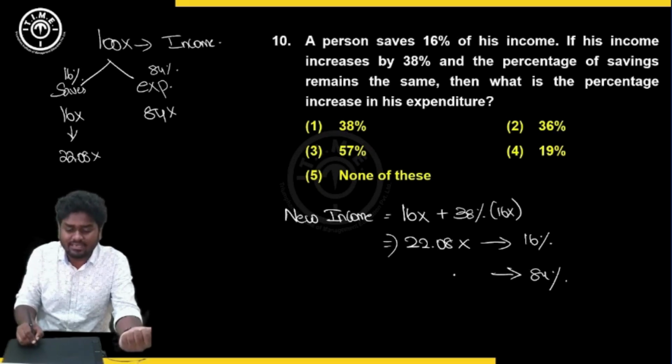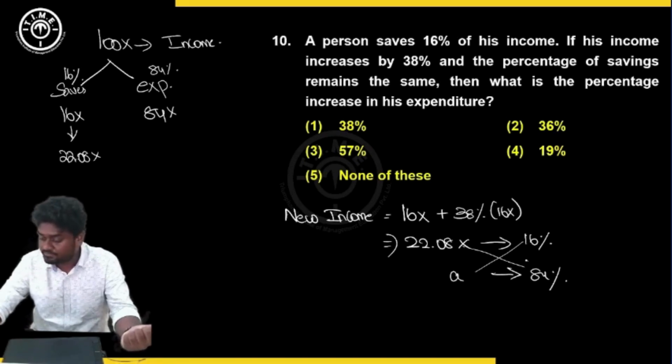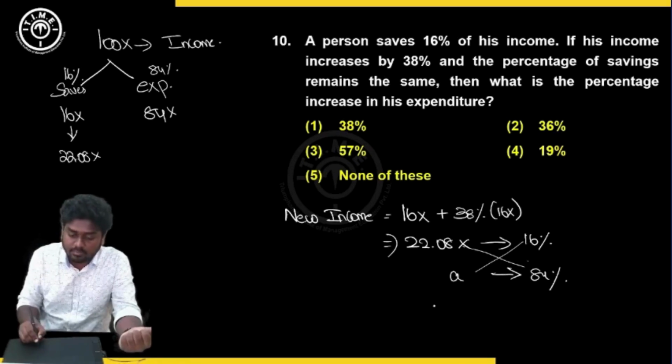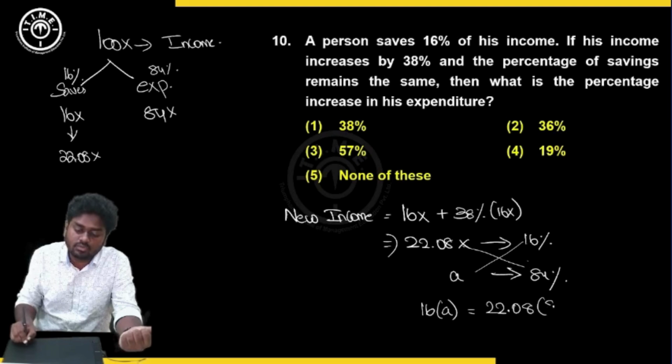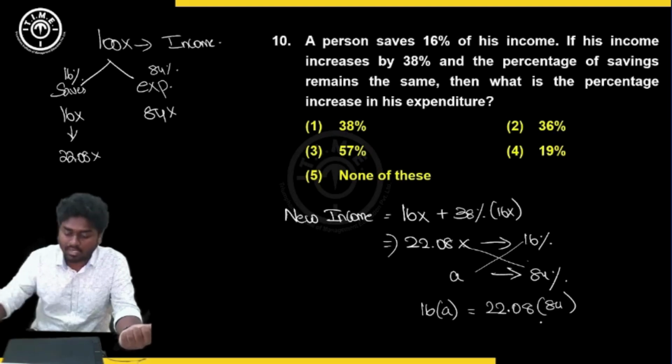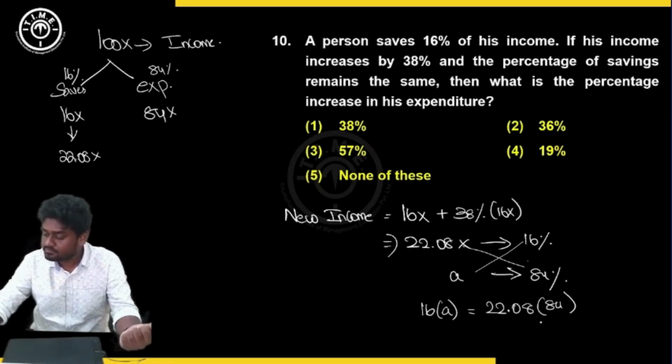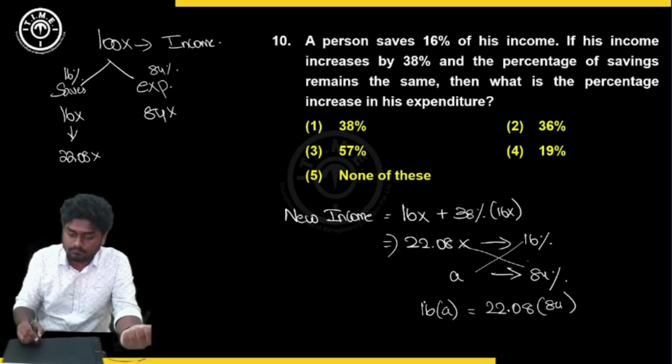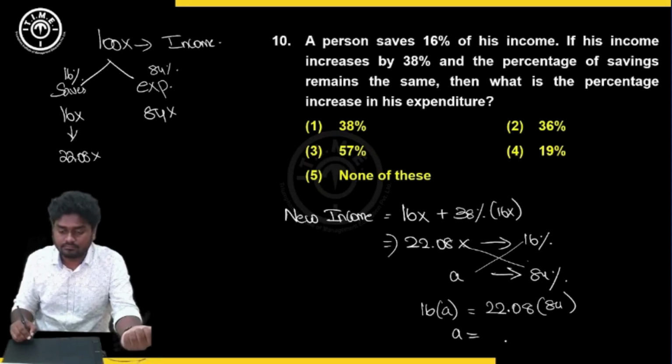We will take it as a or something. Can we easily cross multiply this? When we cross multiply, we get 16 into a will be equal to 22.08 into 84. Correct? So if I try to find the value of a, correct?